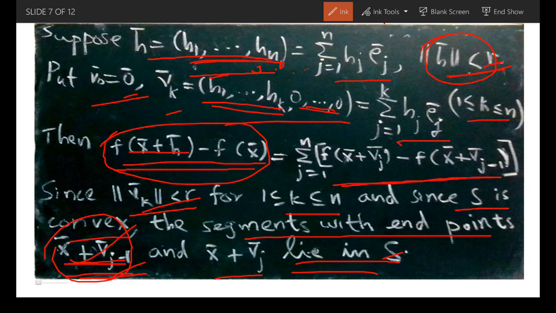So this point lies in S. Similarly, this point also lies in S. So these 2 points, x plus Vj minus 1 and x plus Vj, both lie in S. And S is convex. So not only these points, but also the straight line segment joining these 2 points also lies in S.